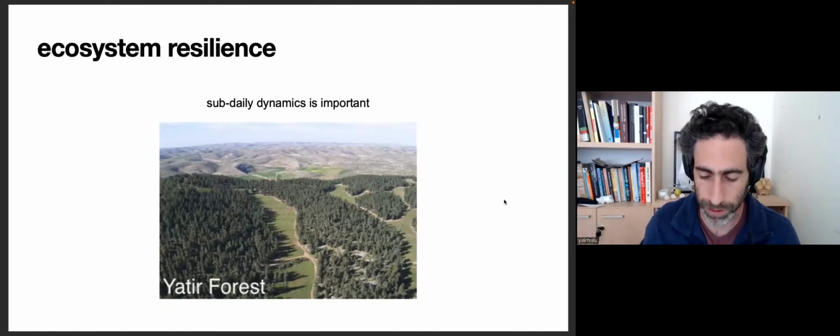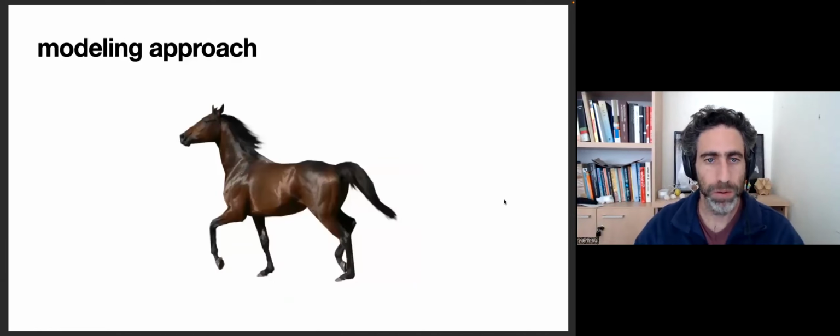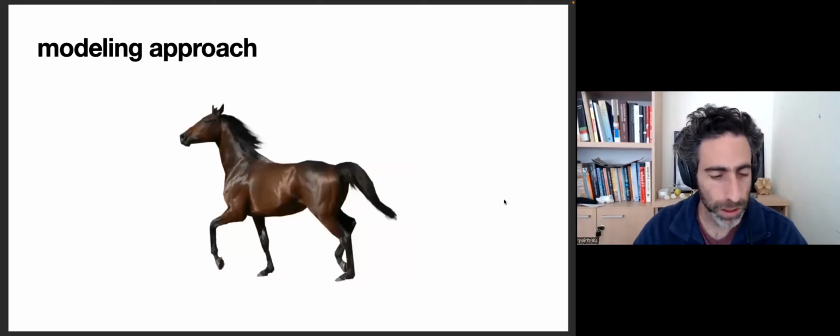So that's for motivation. So a few words about my modeling approach. I think that today's topic would be simple modeling approaches to describe natural phenomena. And this horse is a beautiful horse.